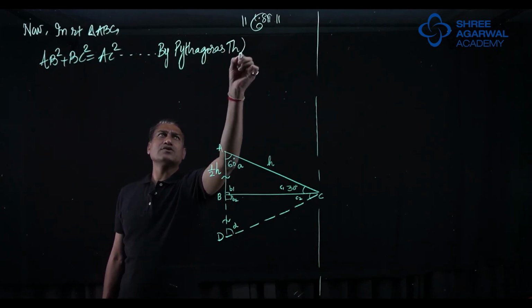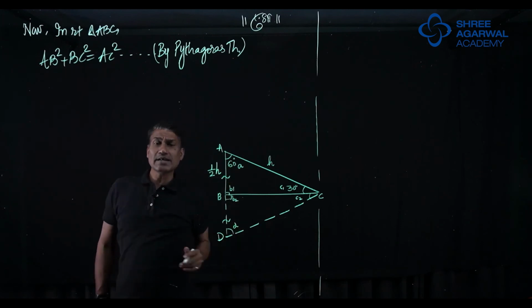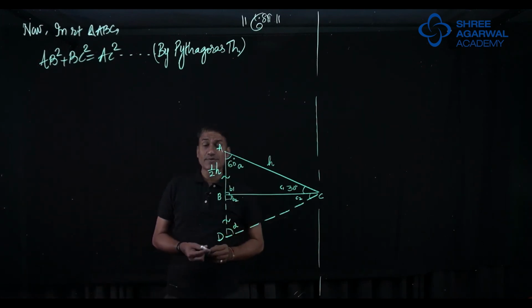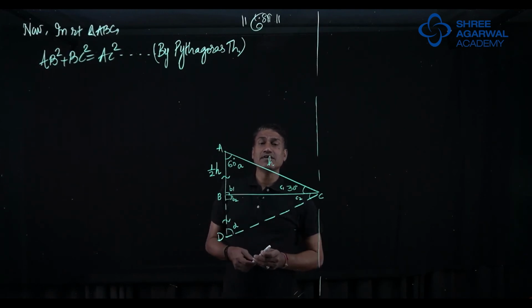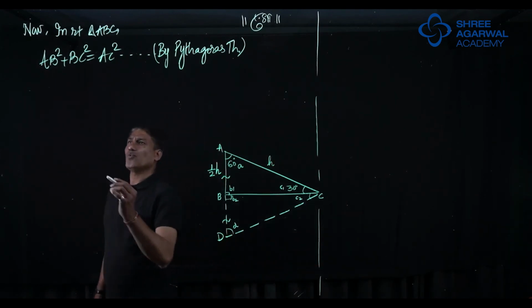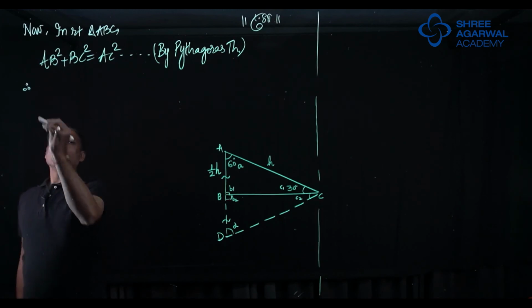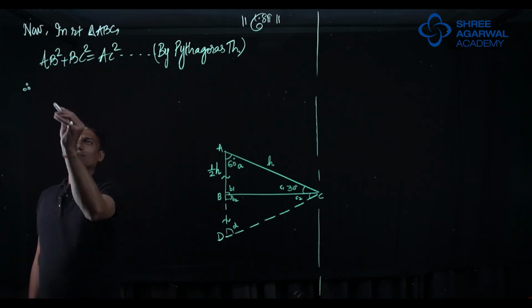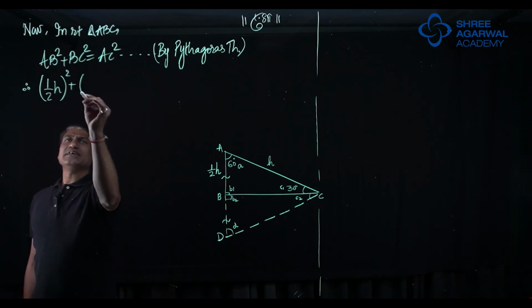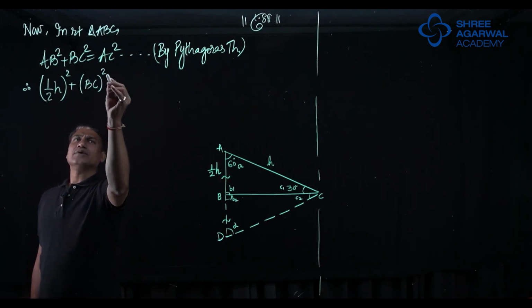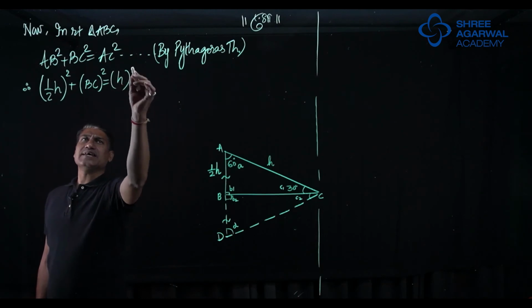By Pythagoras theorem. I'm again telling you, in geometry, writing the correct reasons at the right place is very important. Now, AB, just now we found, is half of H. BC, we want to find. AC is H.